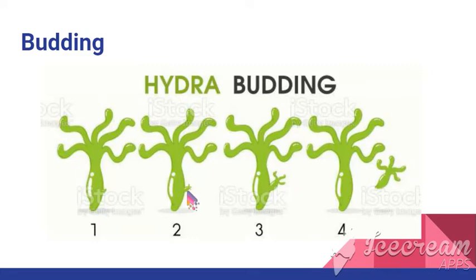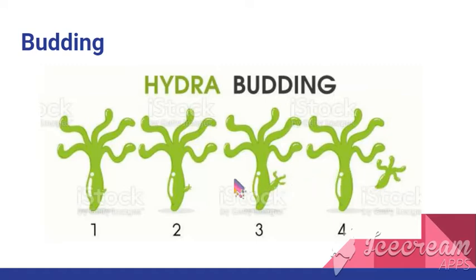Okay, so some cells of hydra form a protrusion or a small bud, and the bud grows into a fully matured hydra, which breaks away or detaches from the mother or the parent organism and leads an independent life. The offspring is smaller than the parent.